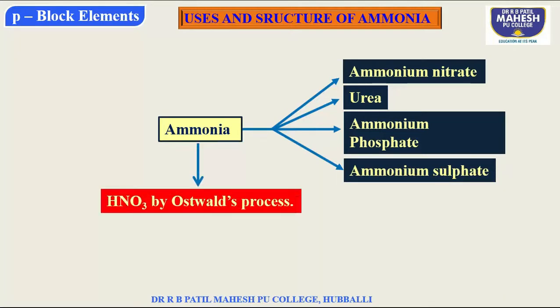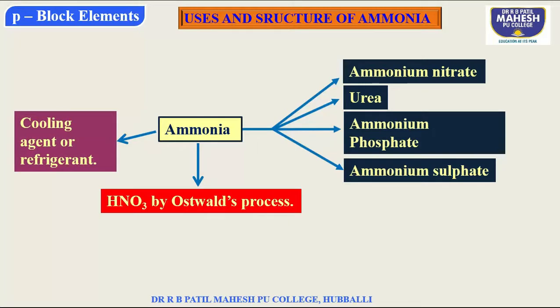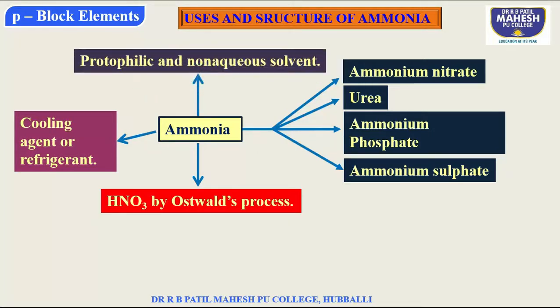Along with that, it is used in the preparation of concentrated nitric acid by Ostwald's process, used as a cooling agent or refrigerant, and as a protophilic and non-aqueous solvent. Protophilic means proton loving in nature.